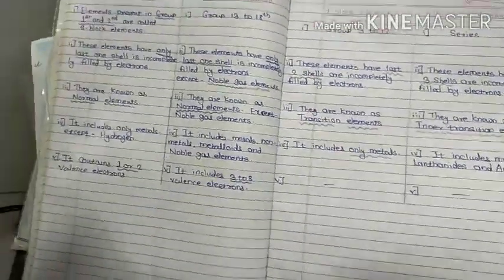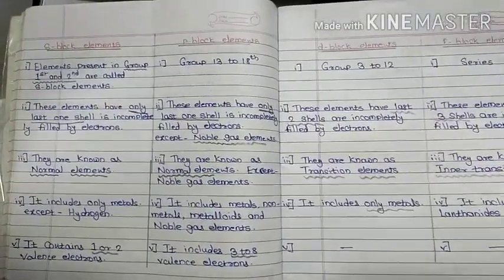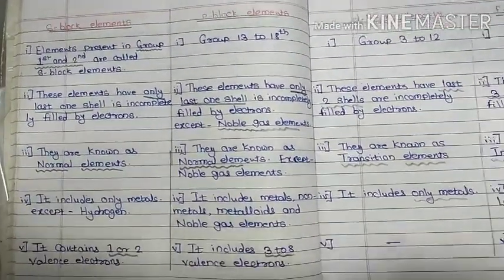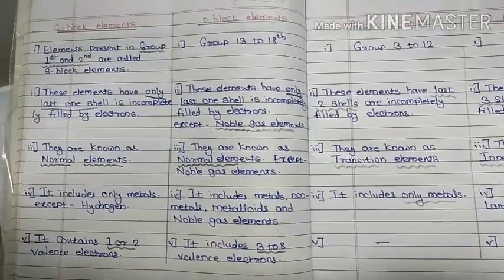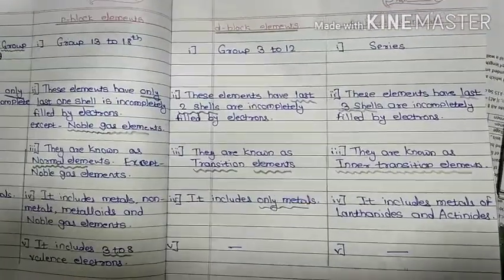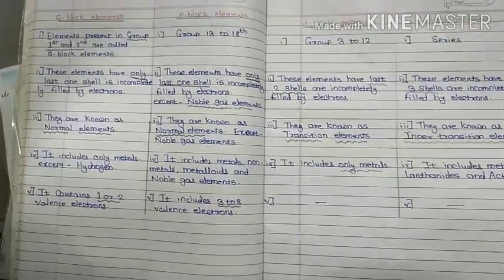In short, we covered this table for various blocks. This information may be asked in a board exam as a point of differentiation or an individual short note. So we are copying this in our notebook.